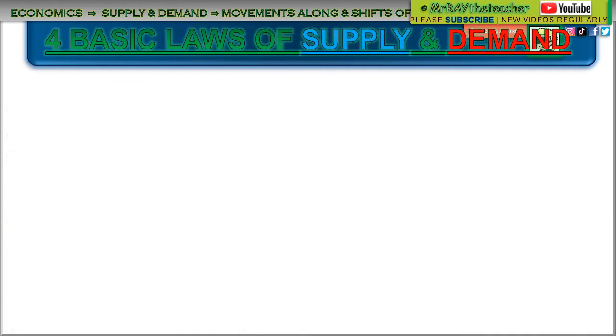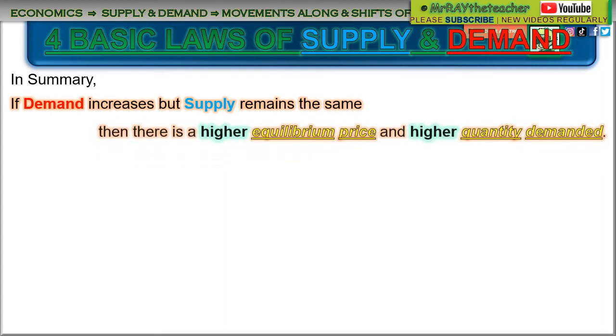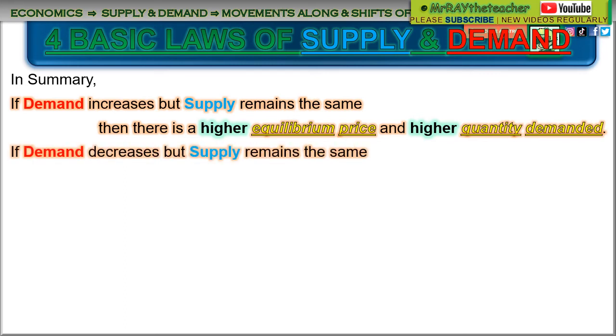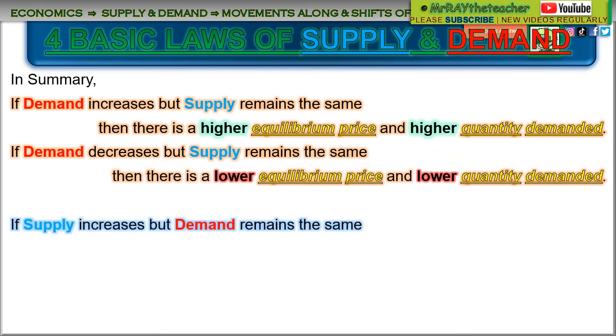And your four basic laws of supply and demand in summary: if demand increases but supply remains the same, then there is a higher equilibrium price and a higher quantity demanded, along with my higher voice that just kind of cracked there, sorry. If demand decreases but supply remains the same, then there is a lower equilibrium price and a lower quantity demanded.